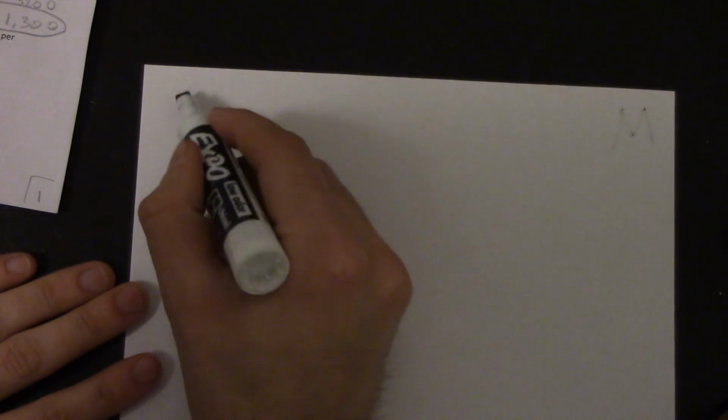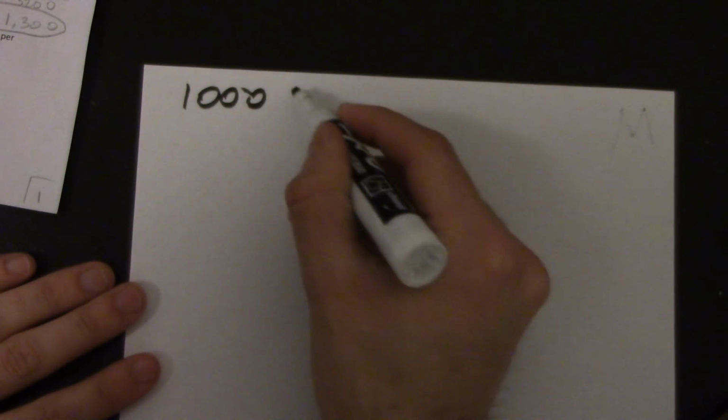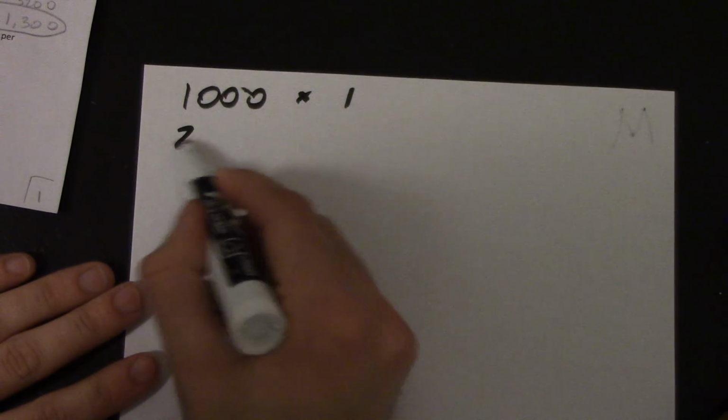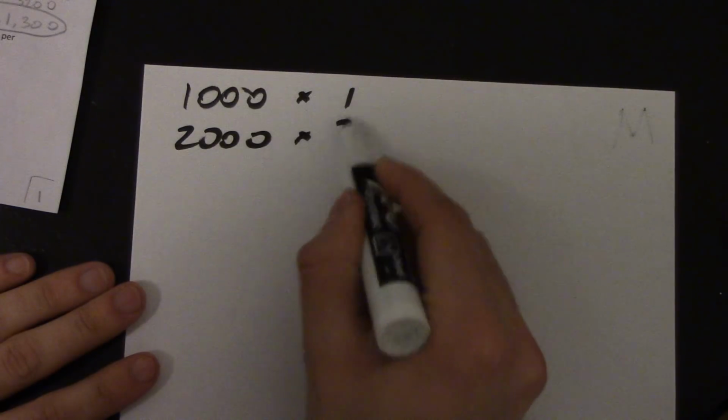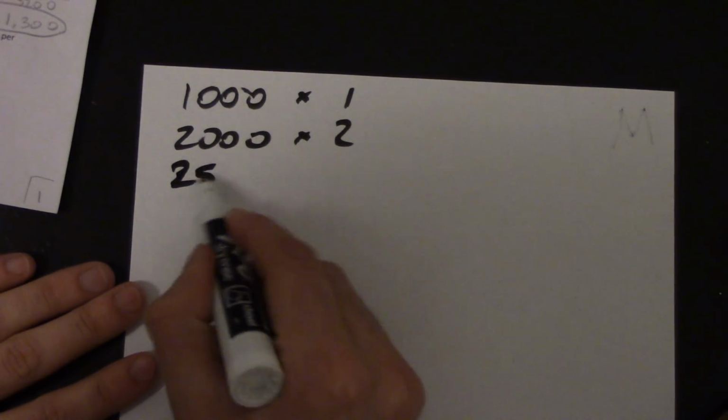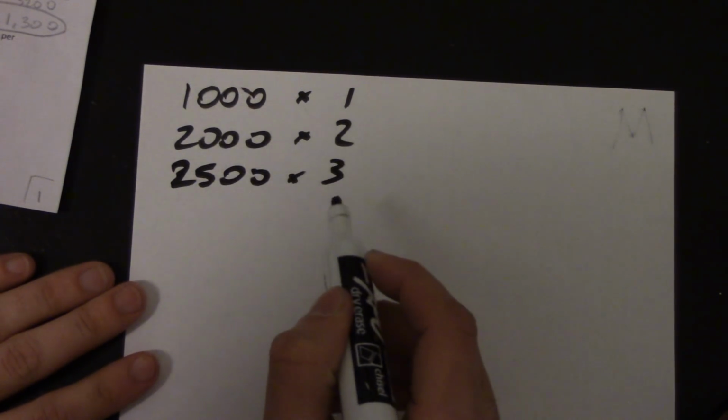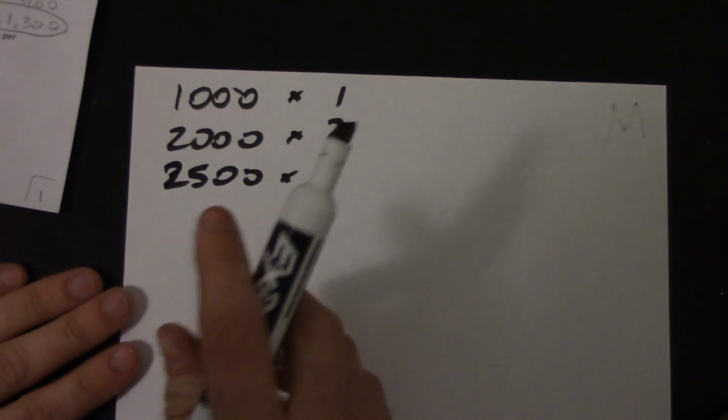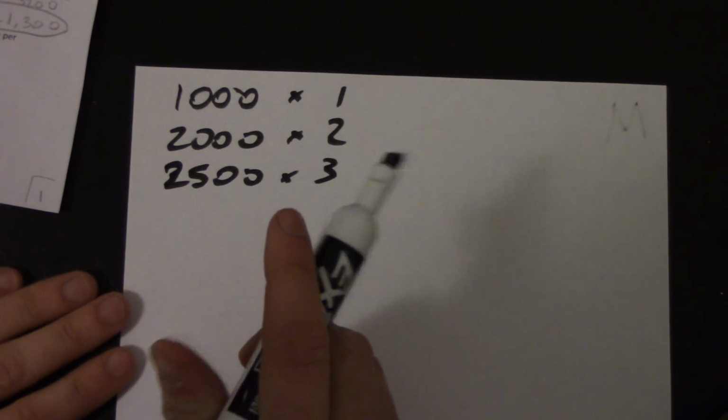So again, with a perpetual inventory system, we constantly update our inventory. So I'm going to go in order. Start with 1,000 at $1. Then we purchase 2,000 at 2, 250 at 3, and then we sell 4,000 units.